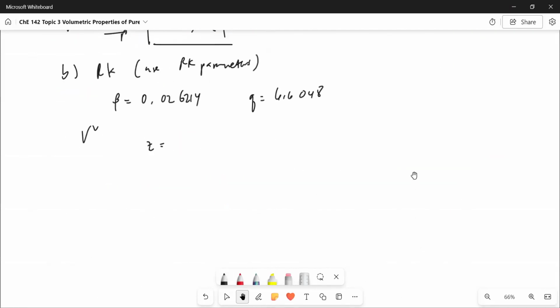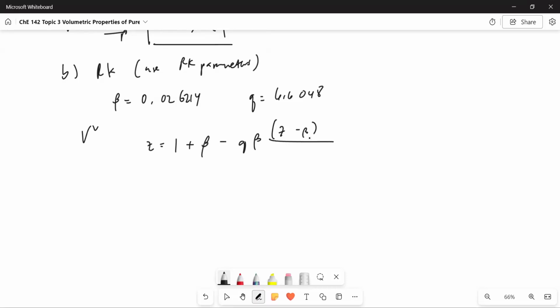So the equation will be transformed into this one: 1 plus beta minus q beta multiplied by (z minus beta) over z times (z plus beta).